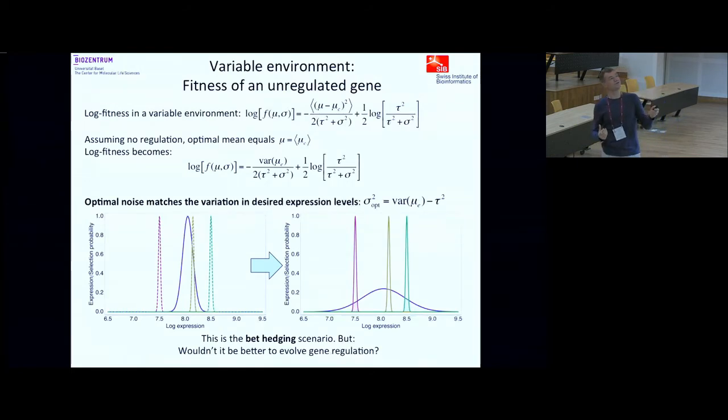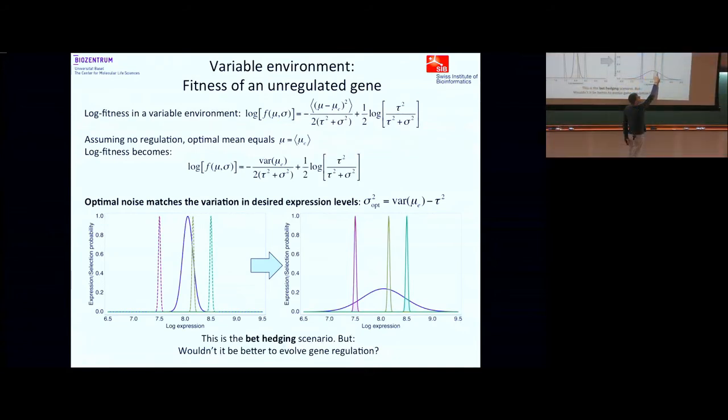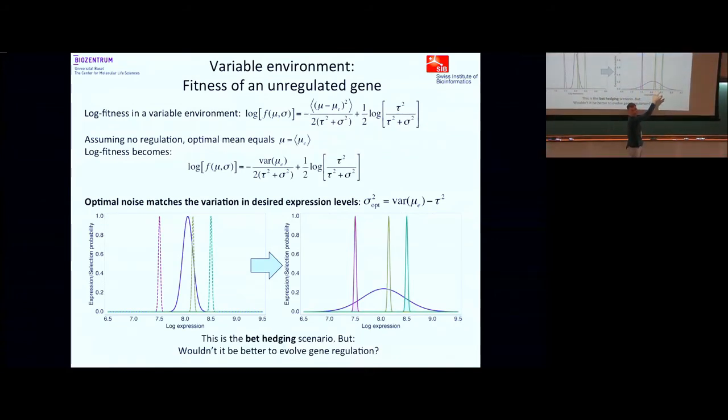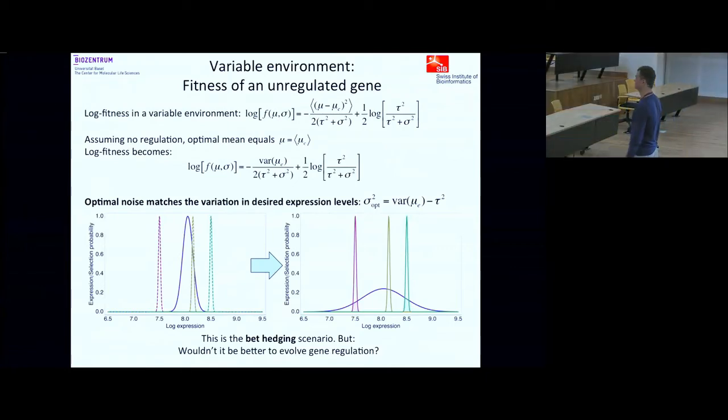And the optimal variance is the variance in these target levels across environments minus this width squared. That is to say, you place your mean expression in the middle of what the environments are asking you for, and you make your variance wide enough that you ensure that some members of the population intersect every environment. Okay? That's the optimal solution.